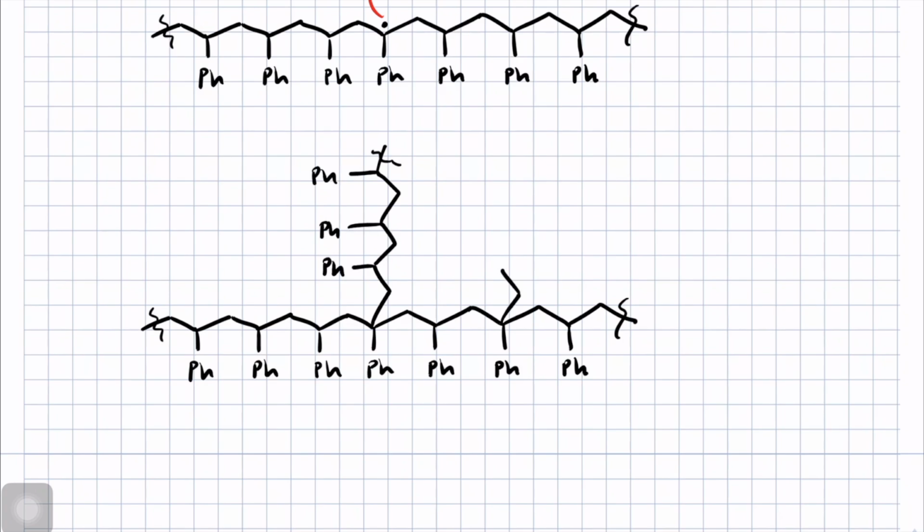And you can have several cross-links at various carbons. And of course, the more cross-links you have, the more rigid the polymer might be. And if you get enough of them at certain temperatures, the polymer goes from a liquid to a solid.